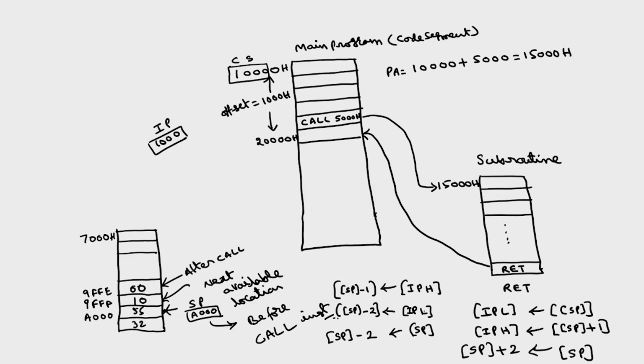Even though this seems to be only a simple instruction, inside this we have these operations, which means it saves the contents of the instruction pointer onto the stack. Then in return, the previous instruction pointer contents will be taken back onto the instruction pointer. Then the stack pointer will be automatically incremented or decremented by 2, depending upon the call or return instruction. These are about different branch instructions.